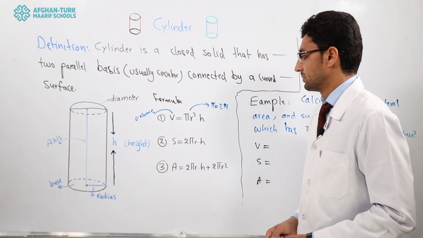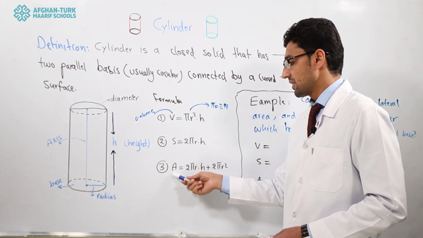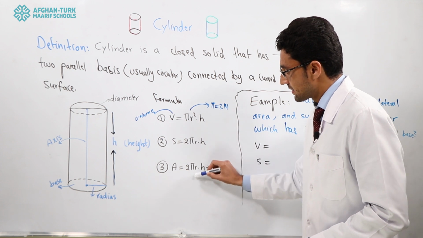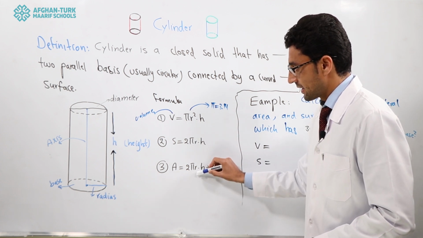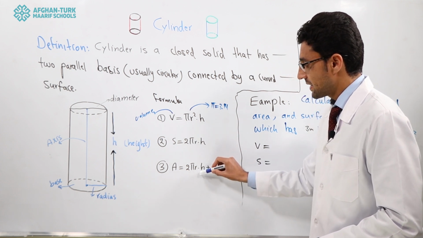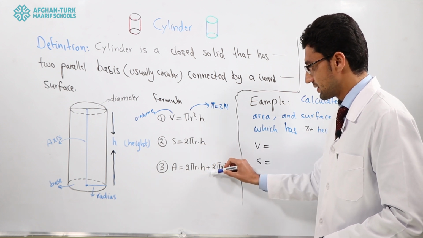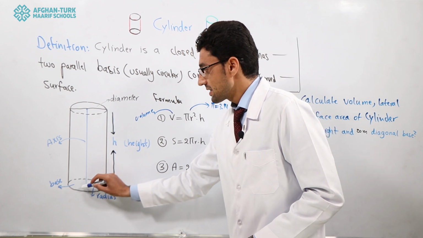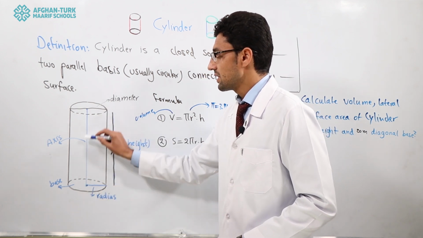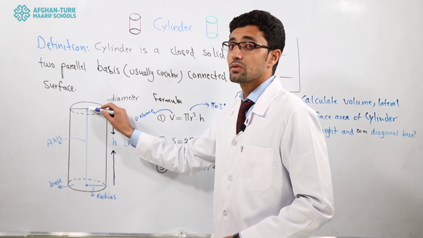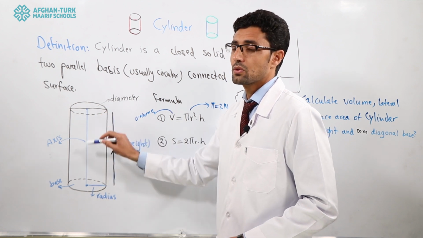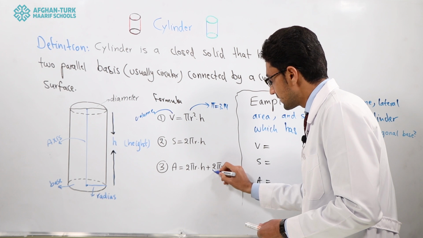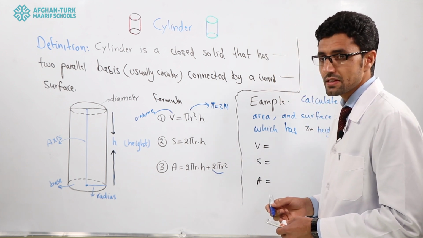And the last one, which is called total area or surface area, is equal to the lateral area plus 2 pi r square. How many circles do we have? 2. These are the areas of the two circles.